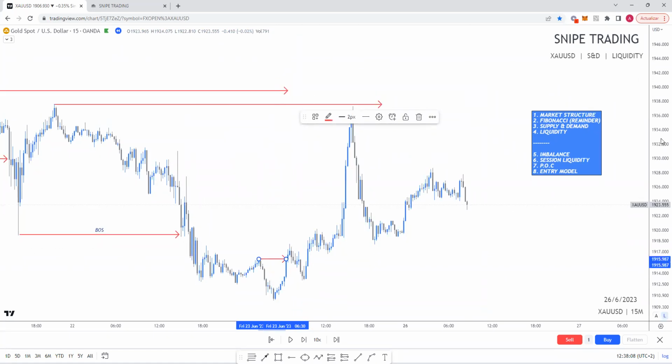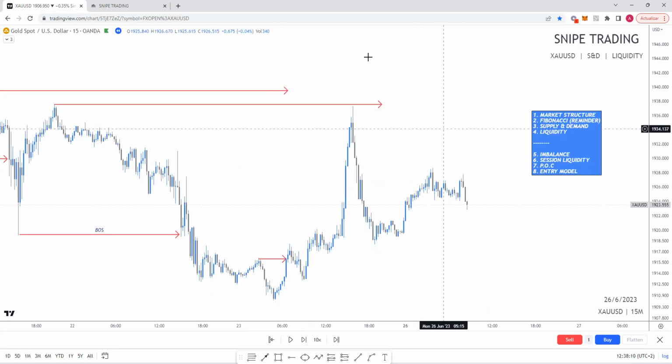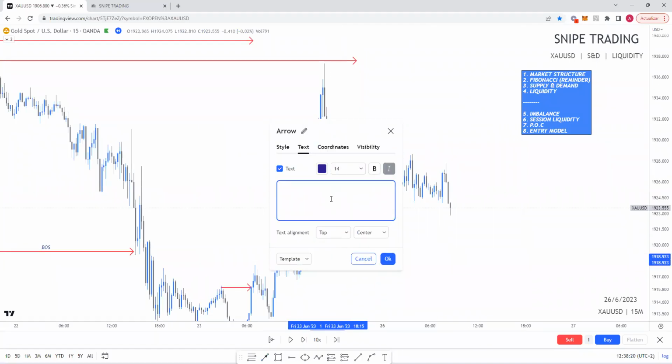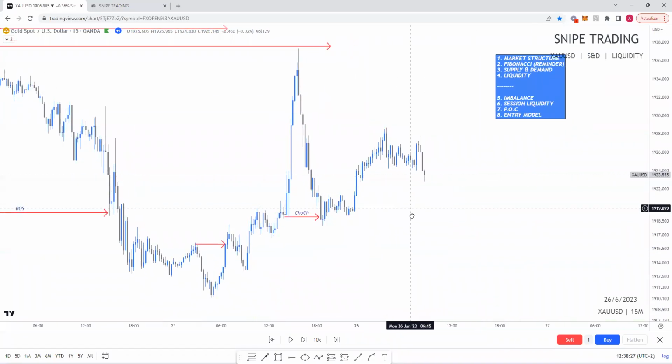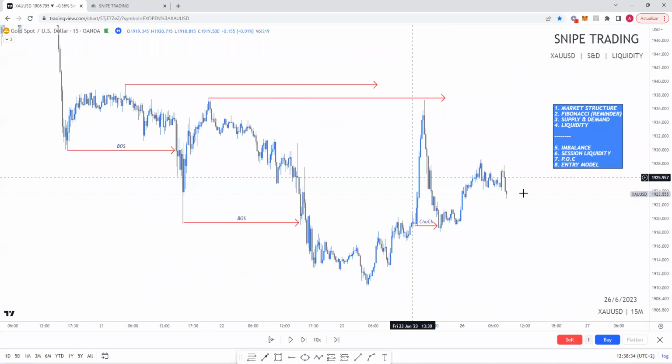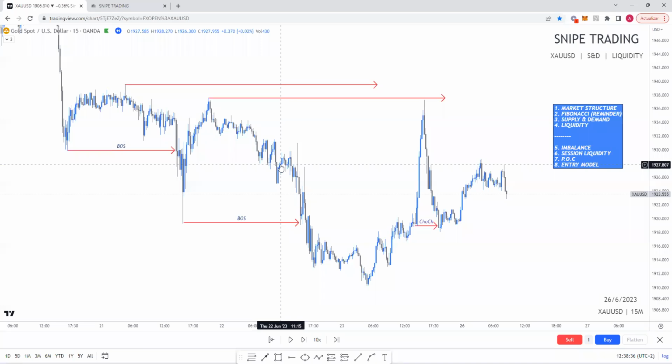So just looking at this, we could argue we had right here a break of structure or a change of character, okay, depending on what you're considering as the trend. At this change of character right here, which to some extent indicates price could keep on trending to the downside, okay? So pretty much this is the full analysis for the market structure right here. We have a very bearish market coming from last week, okay?